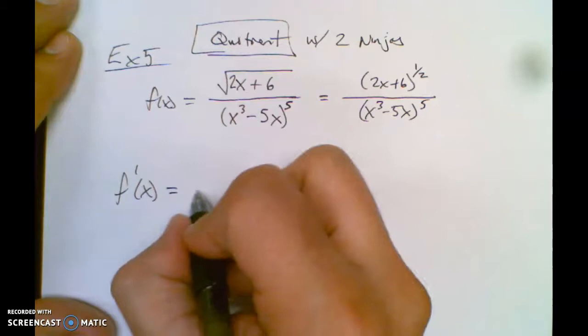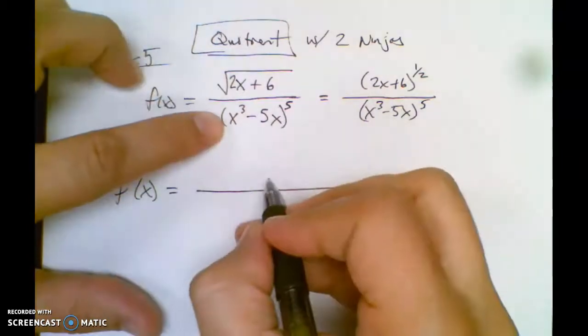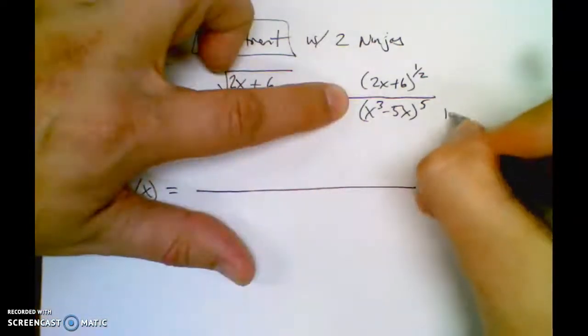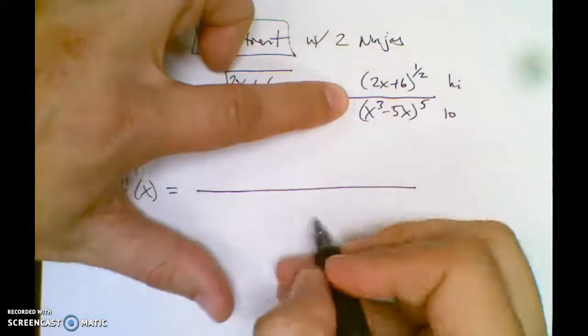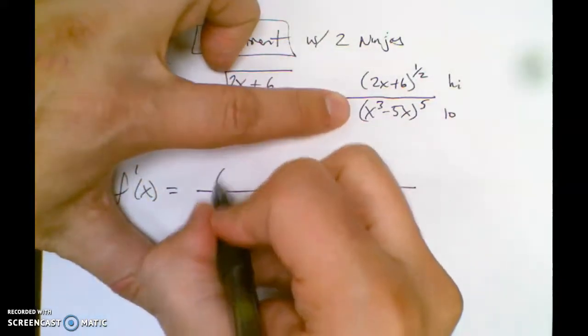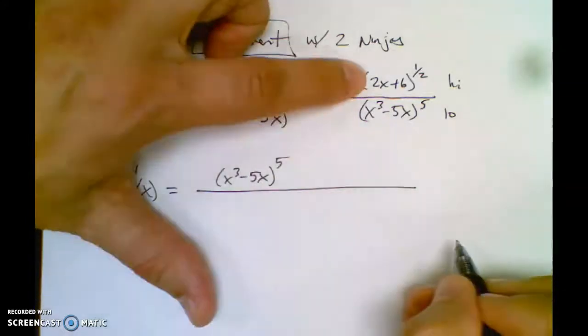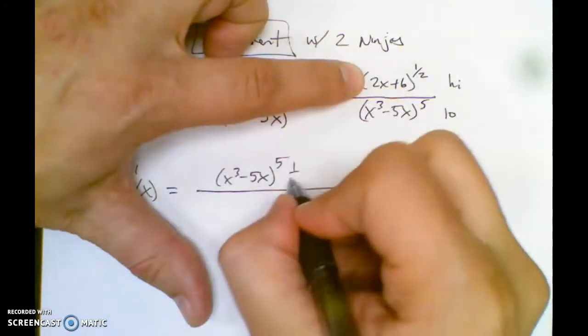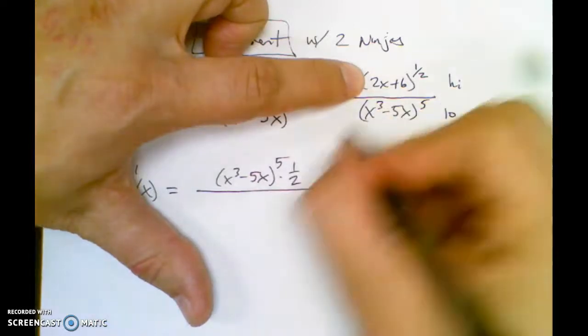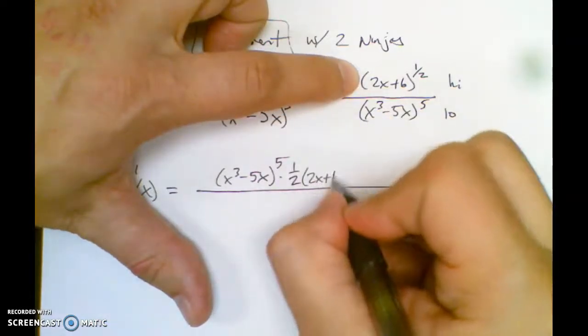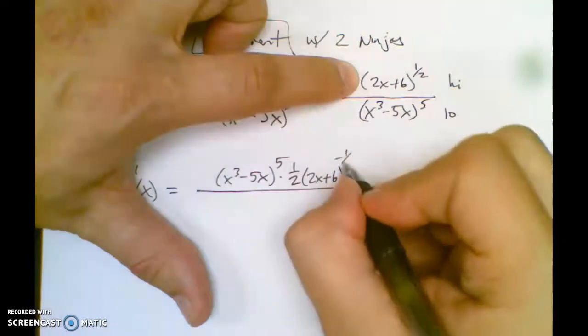So low, I just copy, let me look at this as low. Low D high, so we're going to just copy the low, times the derivative of the high, that's 1/2 2x plus 6, and then to the negative 1/2.